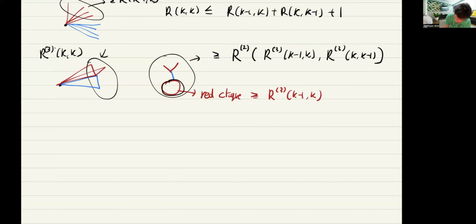Then this set W together with this: no matter what hyperedge we take, which contains one vertex here and two vertices here, it's always the same color.